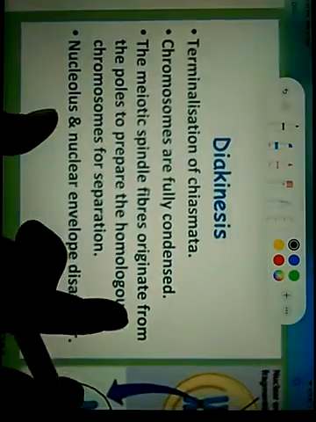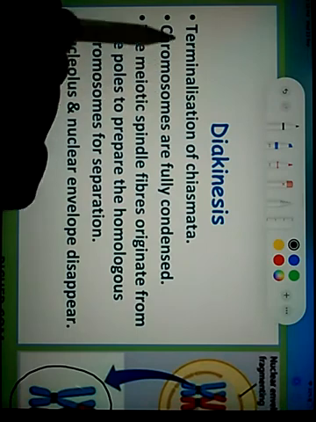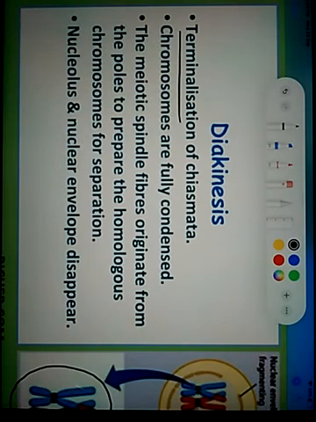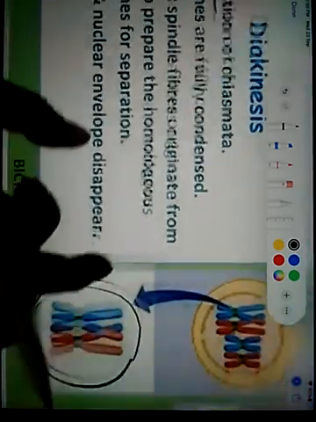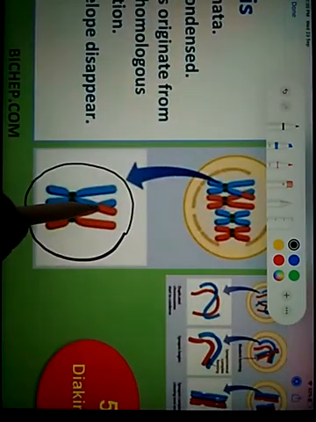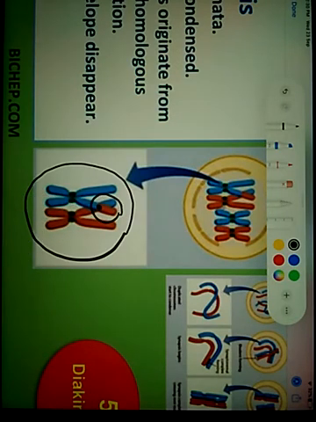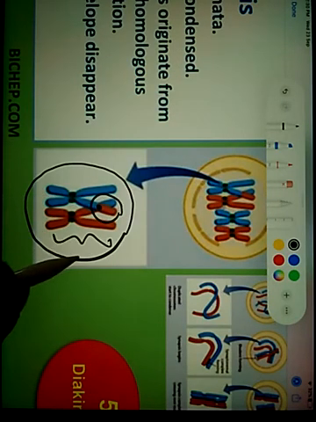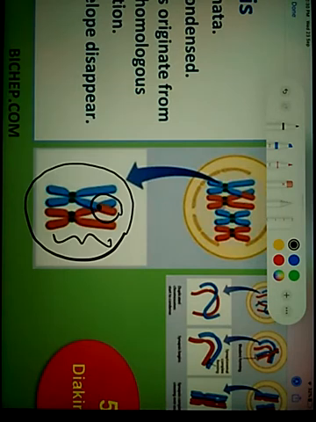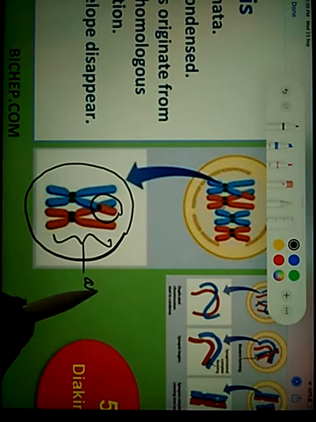So the main event which is happening is terminalization of chiasmata. What is terminalization of the chiasmata? Only at the place of the chiasmata the chromosomes are joined. Otherwise, all chromatids are separated.